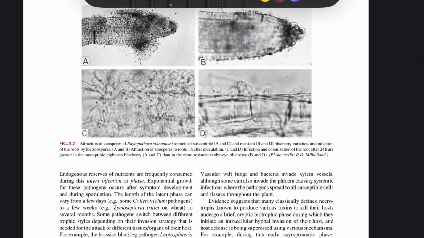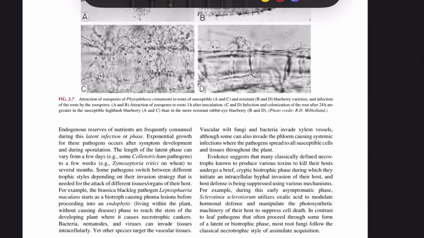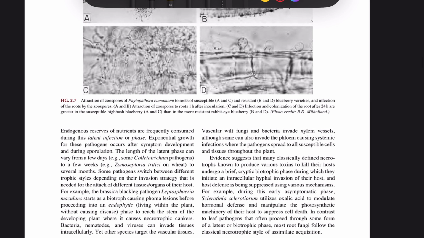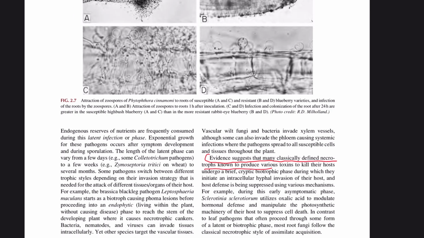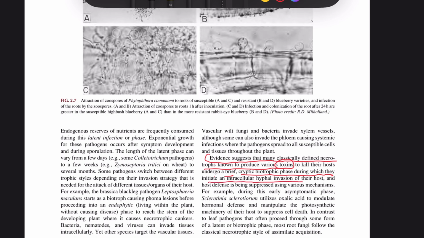What is there next? Let's see one piece of evidence. Evidence suggests that many classically defined necrotrophs, known to produce various toxins to kill their host, undergo a brief cryptic biotrophic phase during which they initiate an intracellular hyphal invasion of their host, and host defense is suppressed using various mechanisms.